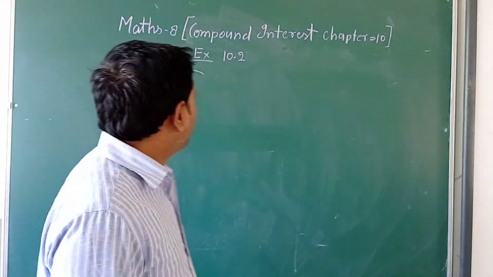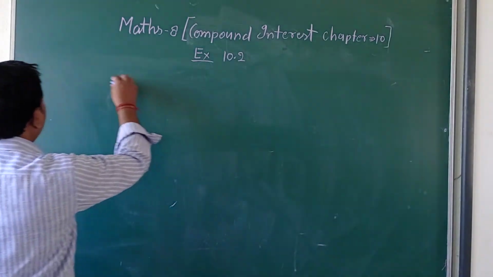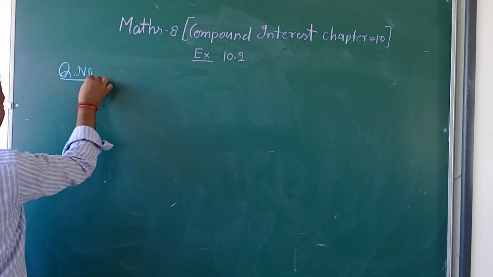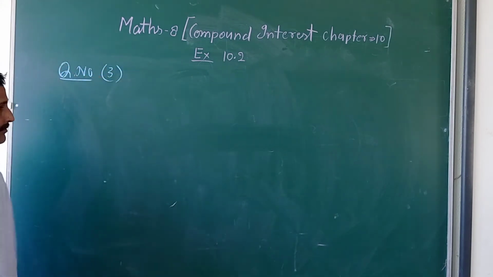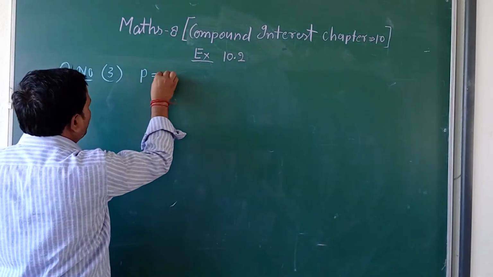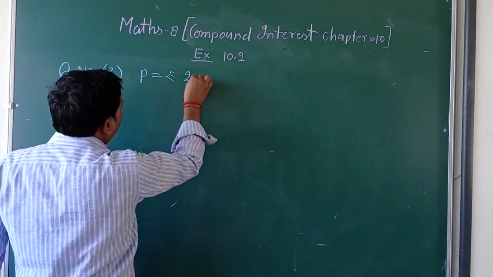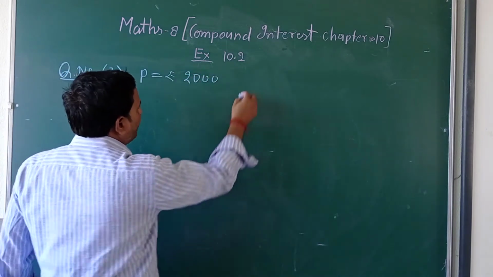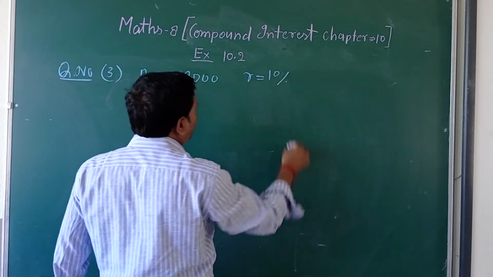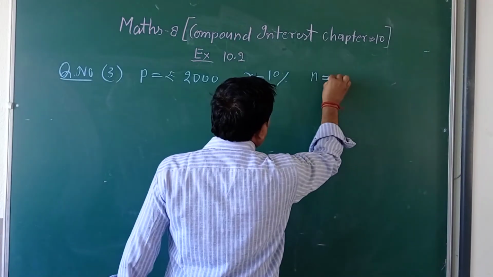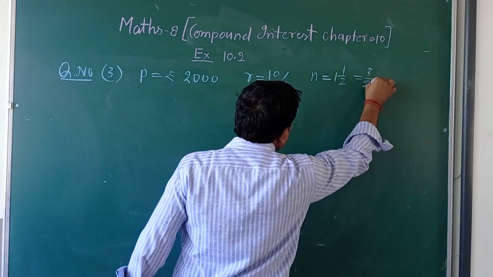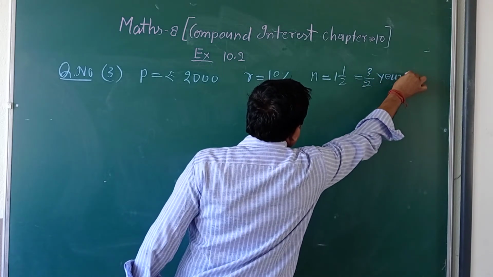See, principal is given ₹2,000, rate is given 10%, n is given 1 integral 1 by 2, which means 3 by 2 years.